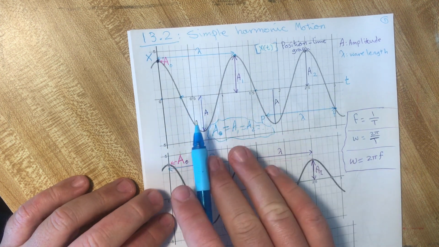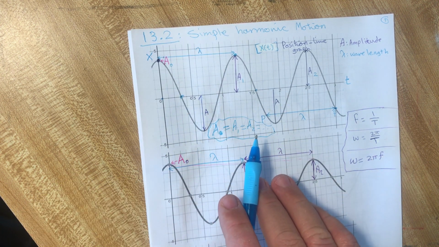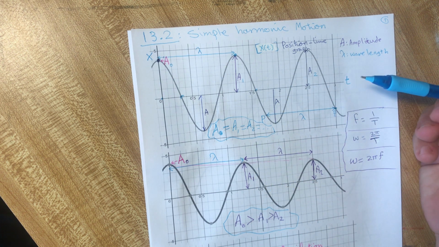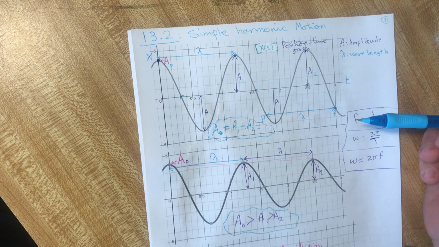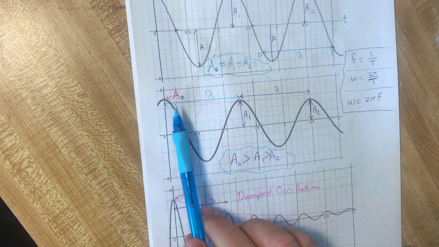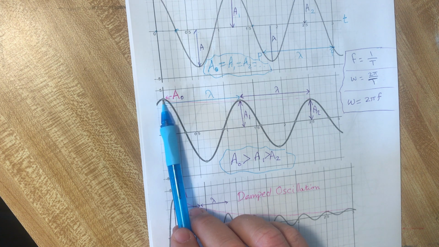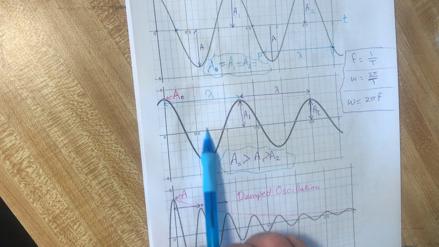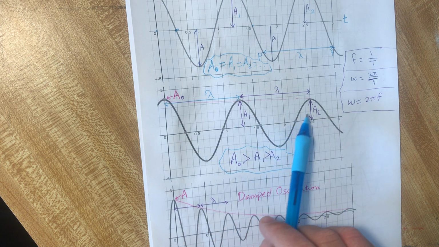This simple harmonic oscillation, this motion is undamped. It's continuous and uniform. But if we look at this wave, we have a0 and then a1 and then a2.